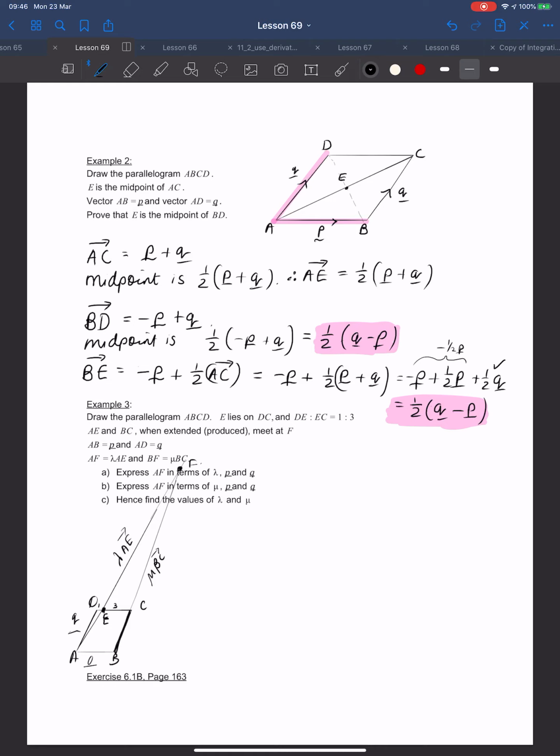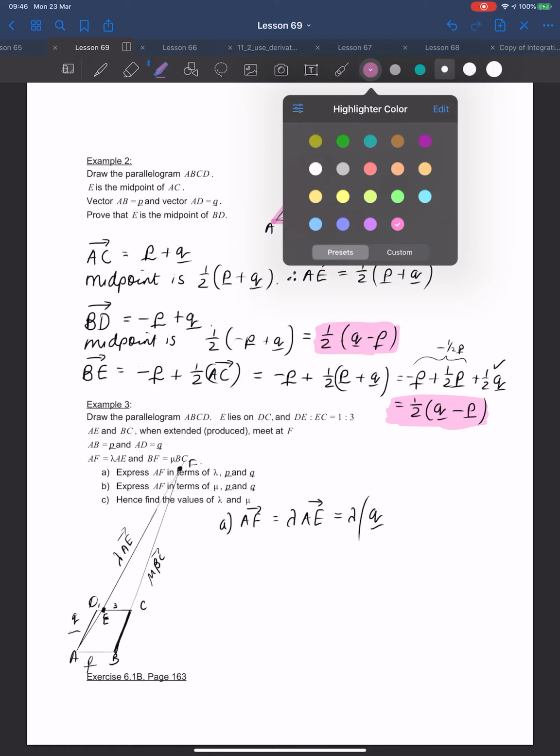Okay. Right, so I'll start here. A to F is lambda A to E, and A to E is Q. No, sorry, yeah, P. That's a P there. It's a Q. To get from A to E, I'll do it in a different colour apart from pink.